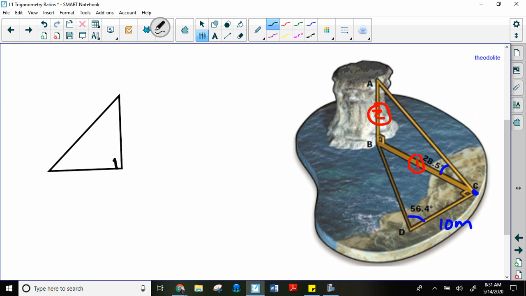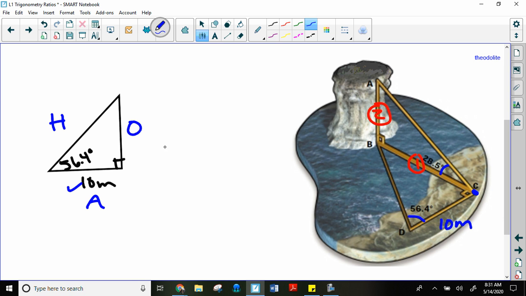So we know this is our 90-degree angle. This is 10 meters, and this is 56.4 degrees. So we want to label our sides: hypotenuse, going across from the angle is opposite, right beside the angle is adjacent.